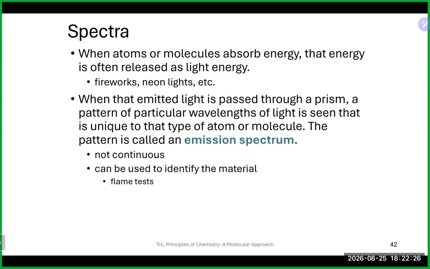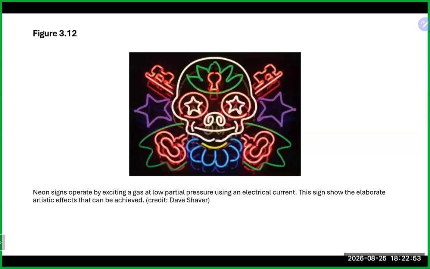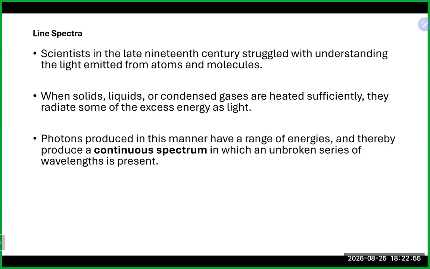There is what is referred to as an emission spectrum. When the atom releases energy as electrons transition from a higher energy level to a lower energy level, that releases an emission spectrum. When we pass that light through a prism, we see a unique spectrum, and it's a non-continuous spectrum. Here are some neon lights from your book.